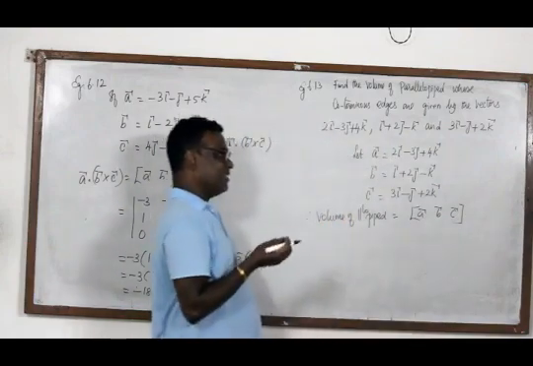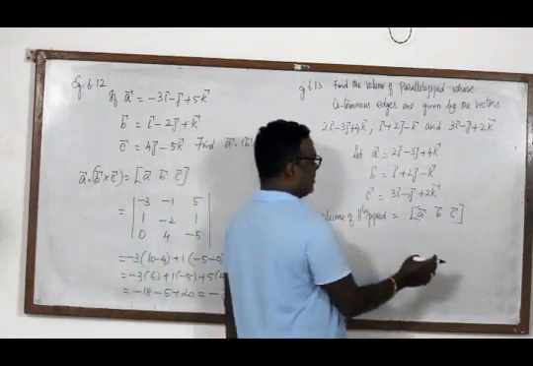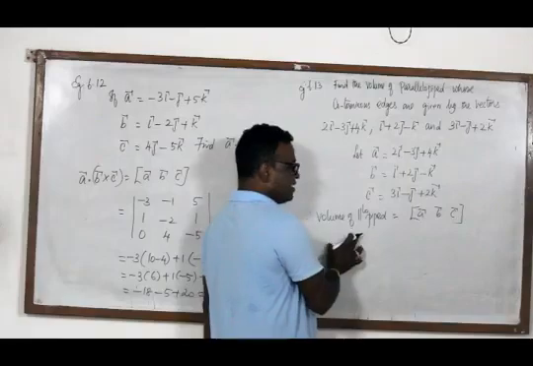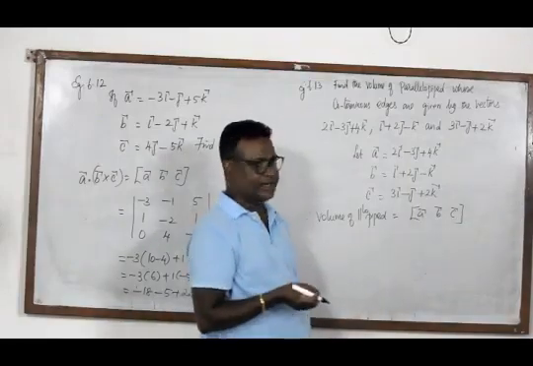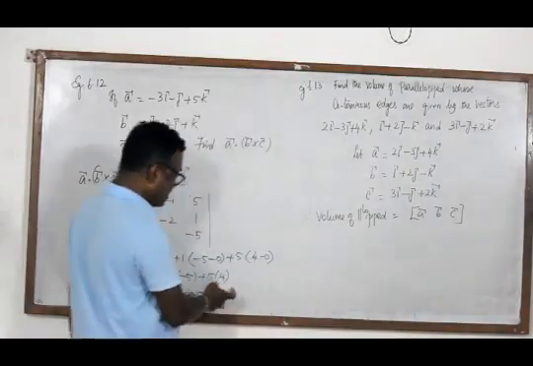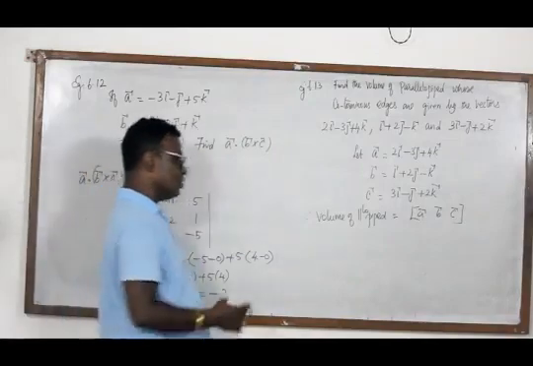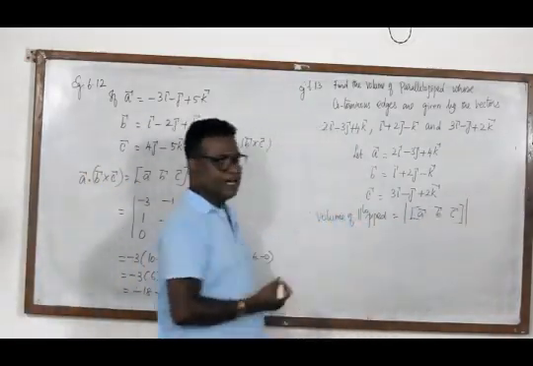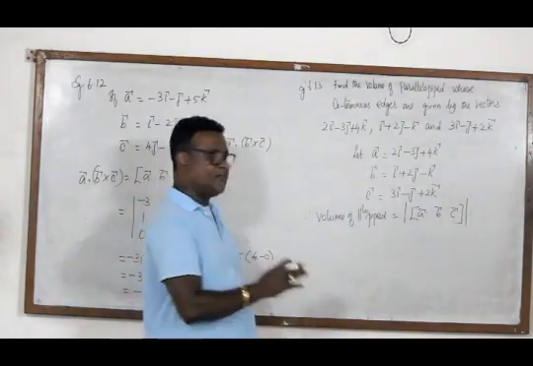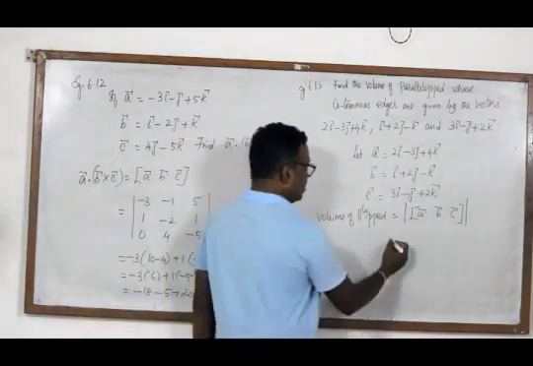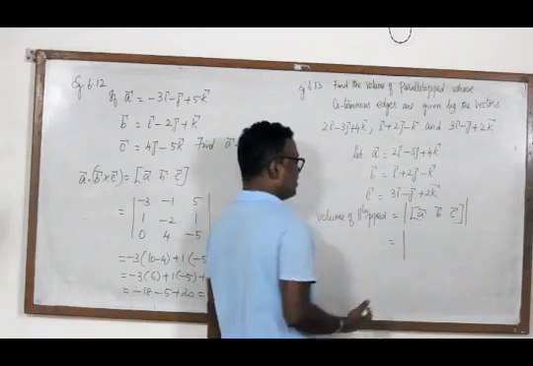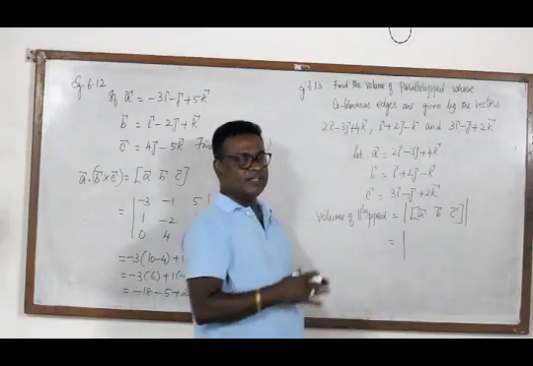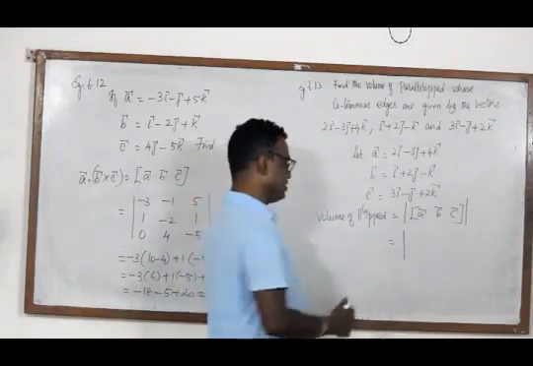But I have a small concern. Volume must always be a positive value, isn't it? But the box product may come as negative. So, in order to avoid that, put a modulus for this box product whenever they ask for volume. Now, this is a determinant, so let me go for the determinant value. If the determinant value becomes negative, we should take it as positive.